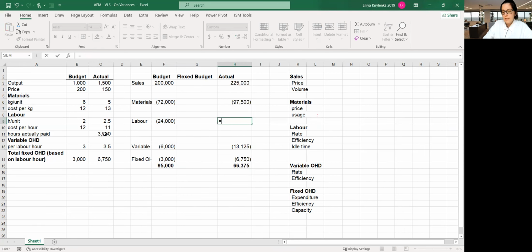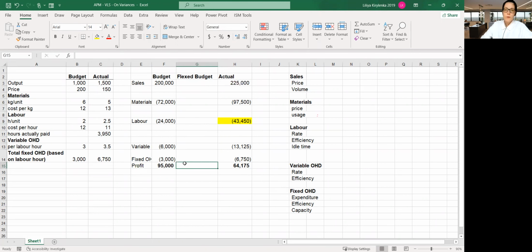So I will need to get hours that were actually paid, multiply that by hourly rate, and I will get 43,450. The same is calculated using the same logic. So we take output multiplied by price. As for kilos, we take the actual kilos per unit multiplied by actual units multiplied by actual cost per kilo, and so on. And that is the actual profit that we've got.